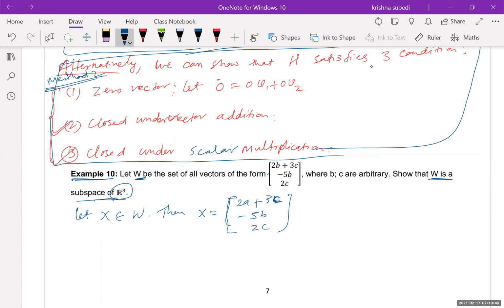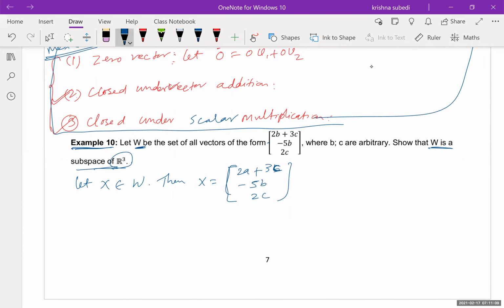Now, you can show that W satisfies all three conditions, but using theorem 1 that we have just seen, if W is a span of vectors, then it is automatically a subspace. I think that makes life a lot easier.